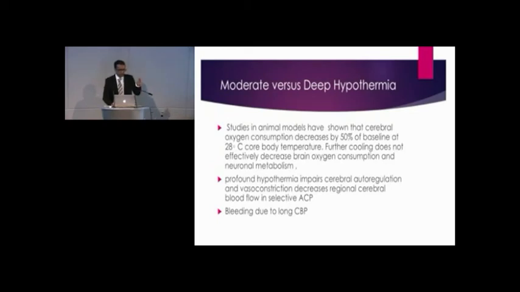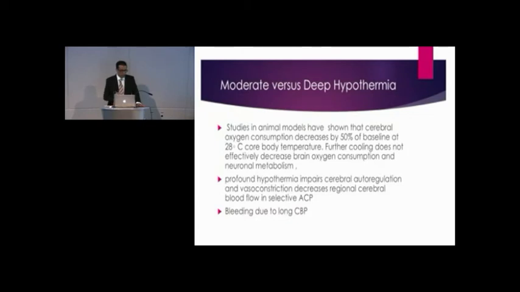But they also state that profound hypothermia impairs autoregulation of the cerebrum, the cerebral parenchyma, and can also cause vasoconstriction, and both can decrease the flow to the brain during antegrade cerebral perfusion. So they thought that with moderate, you keep the autoregulation and the vessels will not be vasoconstricted, so you can deliver more antegrade flow and more nutrients to the brain.